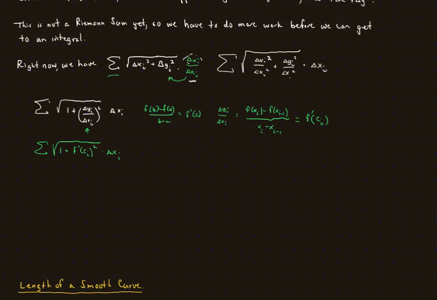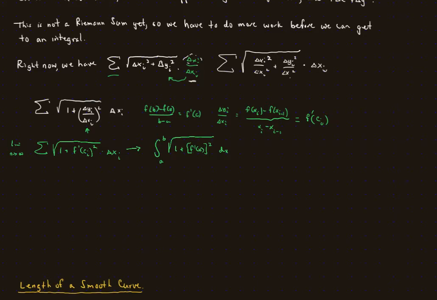So as delta x goes to 0, if we take that limit as n goes to infinity, this will become our integral from a to b of the square root of 1 plus f prime of x, in brackets and squared, dx. And that is going to be our arc length formula.